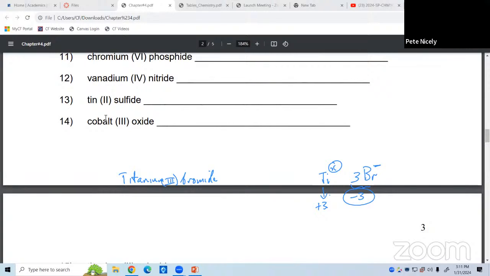So in that case, it'd be Co +3 and then O -2, and then you have to make them equal. So what do you think you need to do in that case? Multiply the 3 and the 2. Multiply 2 here, 3 here. And therefore the formula becomes Co2O3.